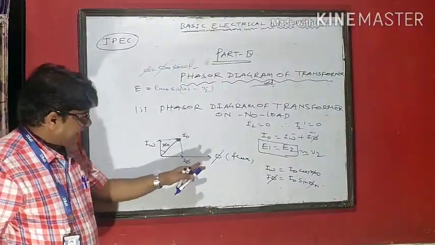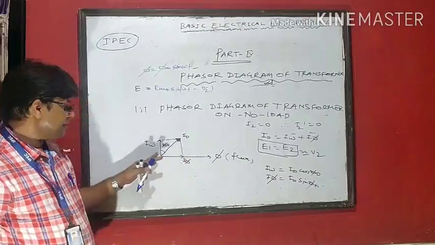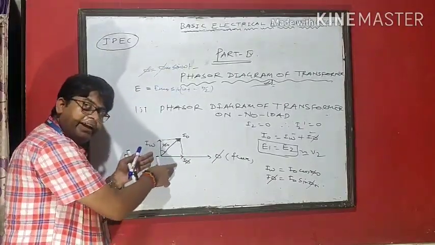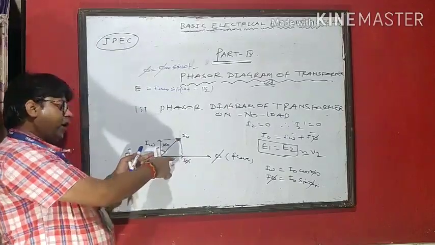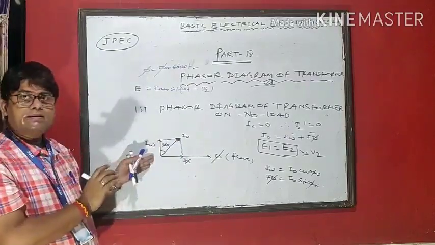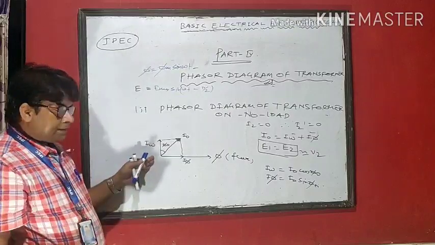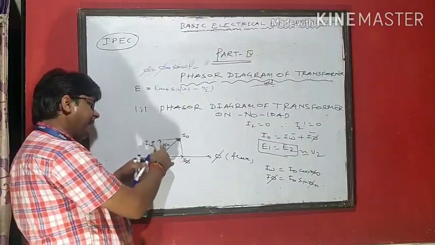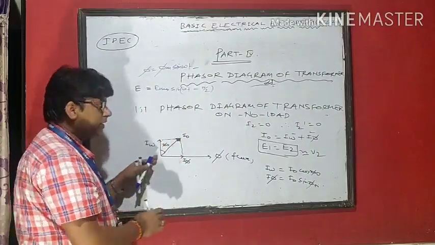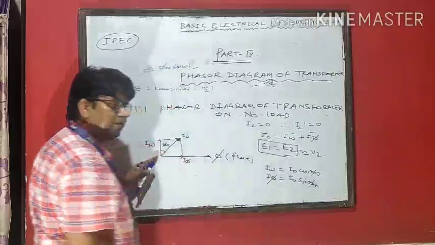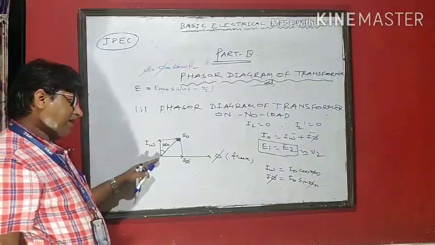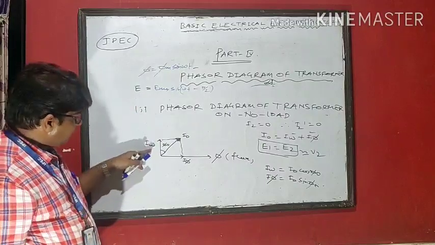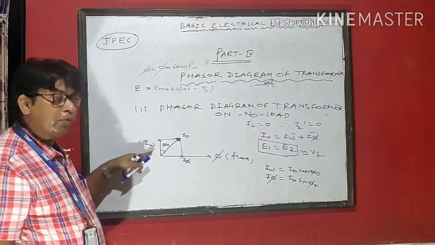The first step, phi taken as reference. Second, I phi is in the same phase due to the magnetizing effect, and 90 degrees from this is the working component. Third step, the resultant of I phi and I W is I naught, where I naught equals I W plus I phi. Fourth step, the supply voltage V1 is in the same phase as the working component.